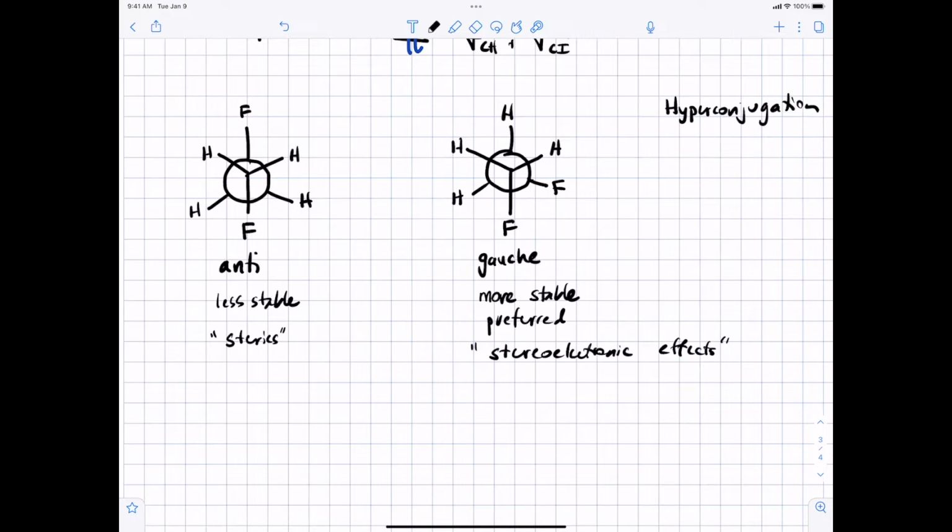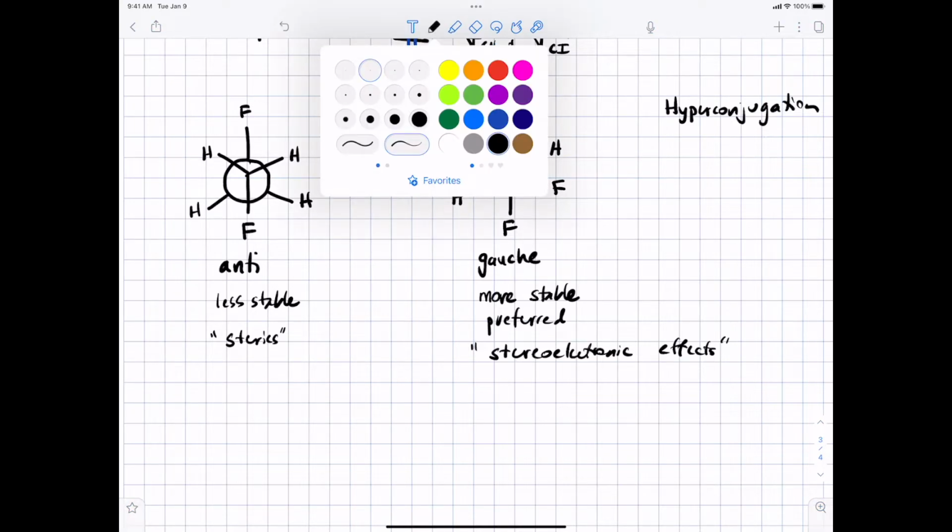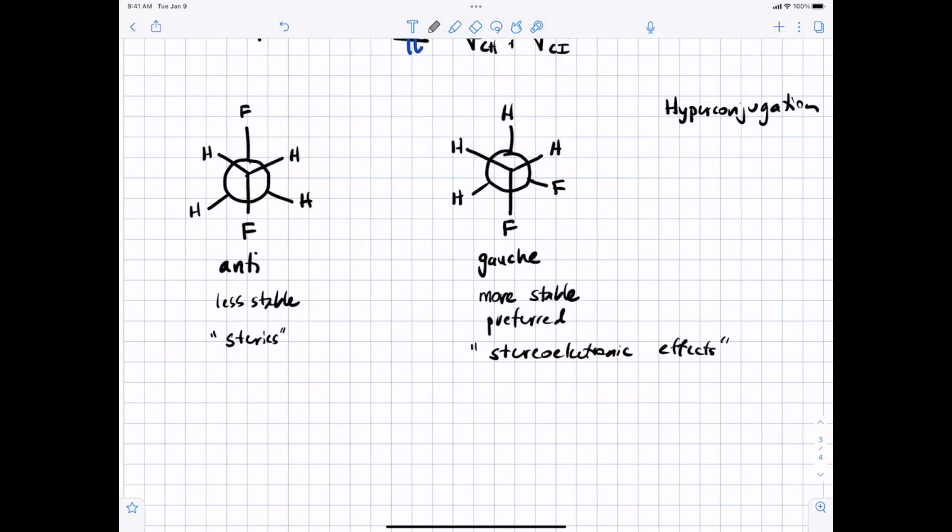So let's see. I think of the best way to do this. All right, draw the sigma star orbital for this carbon fluorine bond in the front. And we're just going to draw this similarly as we have done previously.